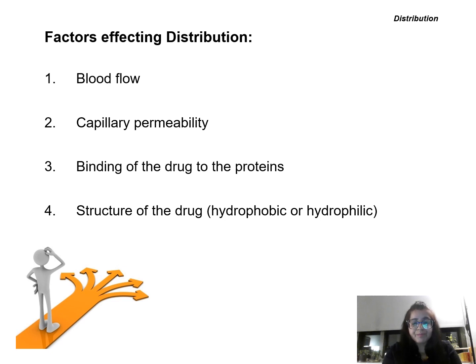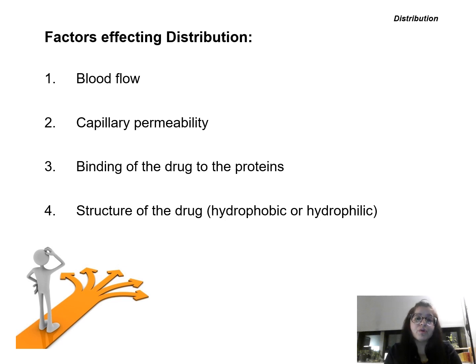Drug distribution is also affected by the structure of a drug. For example, if a drug is highly lipophilic, a high amount of the drug would easily penetrate the plasma membrane.